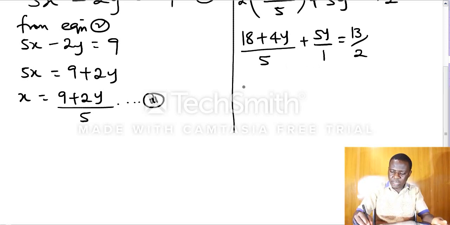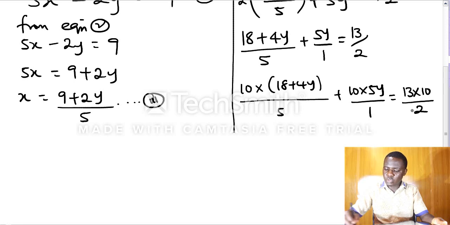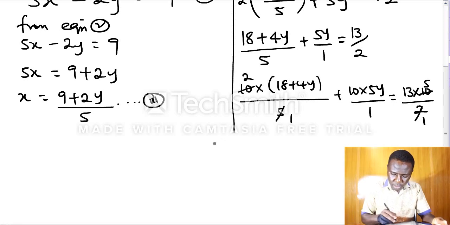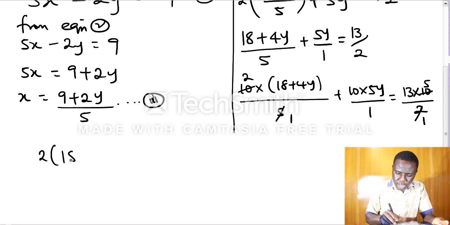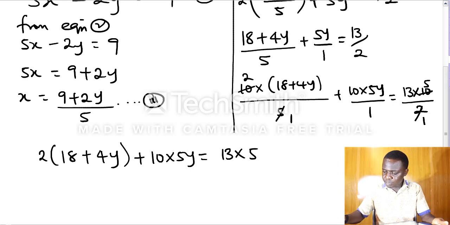So multiplying each by 10, this becomes 10 times bracket 18 plus 4y divided by 5 plus 10 times 5y over 1 is equal to 13 times 10 divided by 2. 5 into itself is 1, into 10 is 2. 2 into itself is 1, 2 into 10 is 5, leaving us with 2 into bracket 18 plus 4y plus 10 times 5y is equal to 13 times 5.